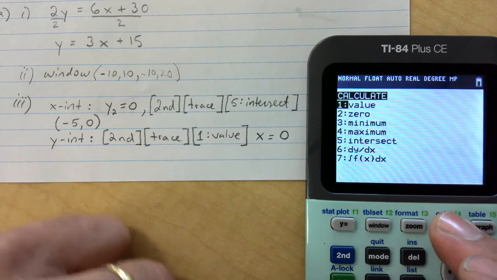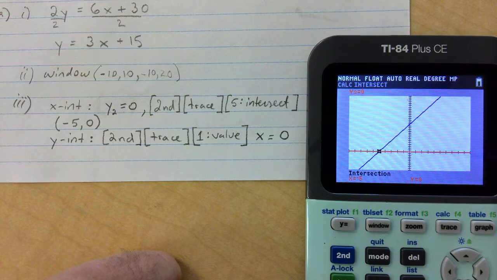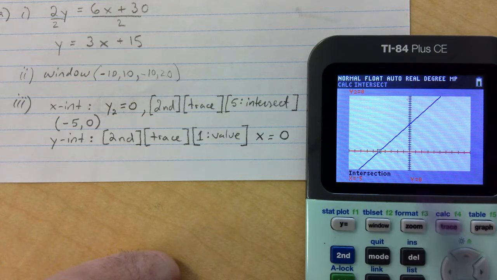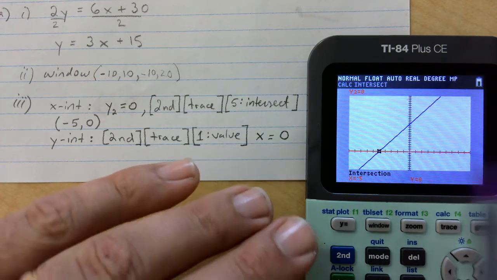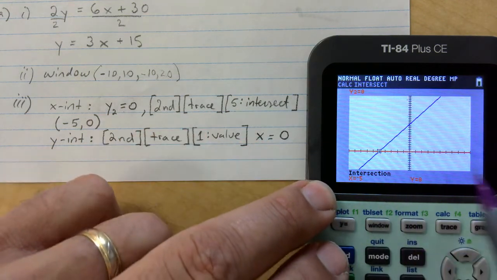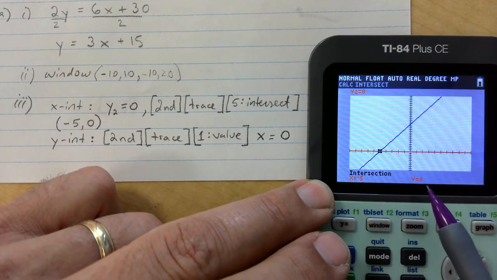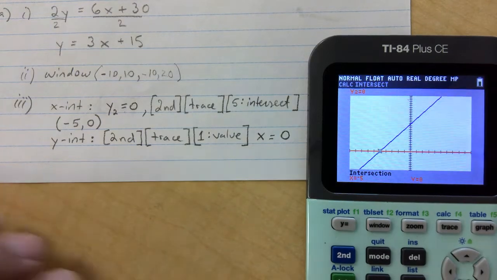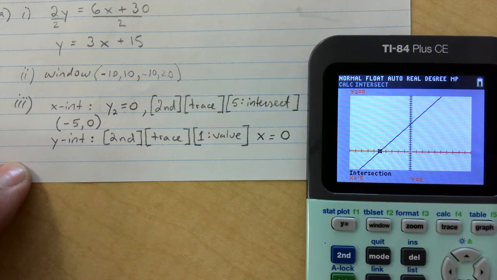So second, trace 5, and it actually is right on it, but because you're so close, you just keep hitting enter, enter, enter, enter, enter, and it finds the intersection again exactly where you want it to be. But as soon as you move the arrows, it's going to change it, so you'd have to redo it. Now it's pretty obvious, but down the road it will be decimals, right? So you want to make sure you're right on the intersection. Don't estimate, right? No estimations here. It has to be exact.